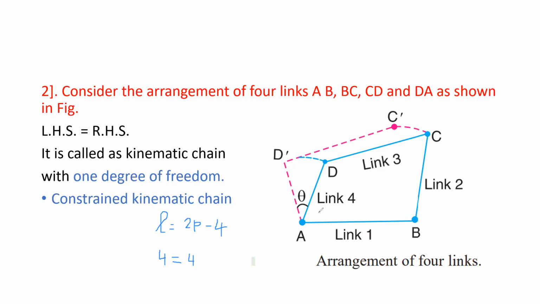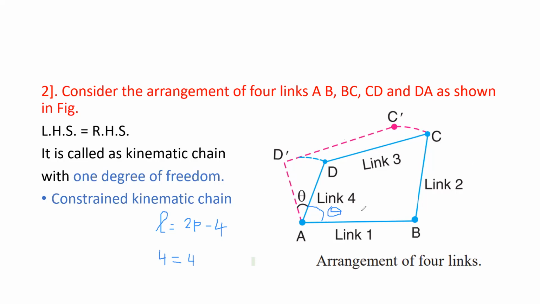Suppose I know that the angle between link AB and link AD is theta, then I can surely locate where will be my point C. If I know the length of link CD and link CB, then I can easily locate the point C. Means I can predict the motion of the kinematic chain as well as the path of its different points.